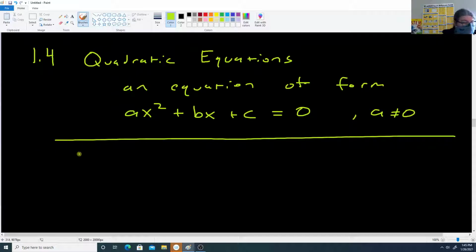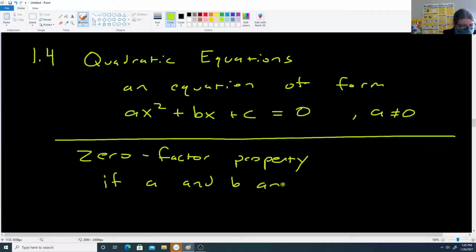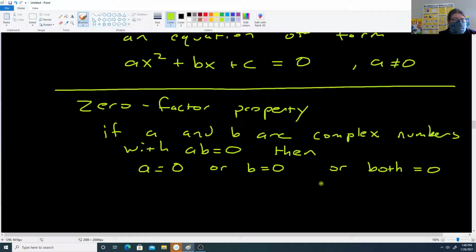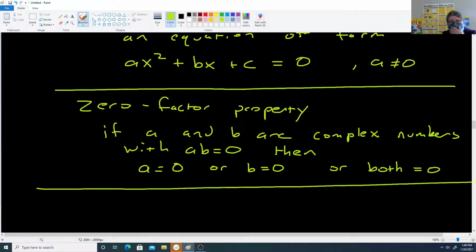The zero factor property basically says if A and B are complex numbers with A times B equal to 0, then if I have two numbers that multiply together to equal 0, either A is 0 or B is 0, or both equal 0.